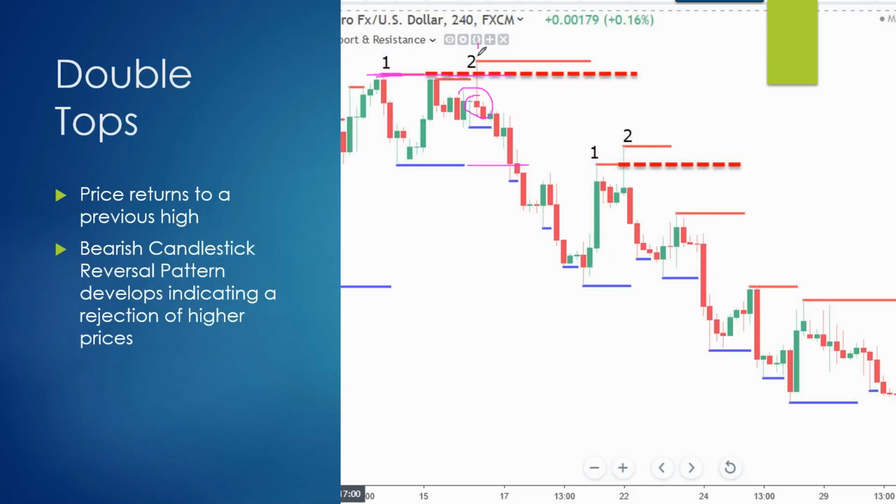Now, this is usually a bearish bar, okay? It could be a green bar, just like it was over here, okay? What is important is that it closes below that first original high, okay? That's what's key, okay? To me, this is still a bearish bar, even though it has the green there, okay?